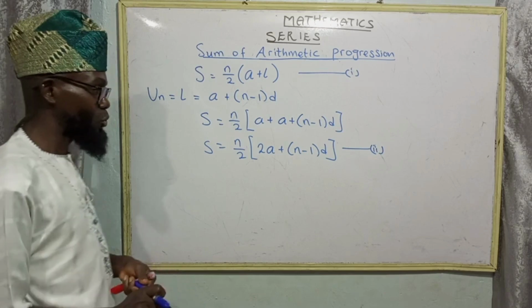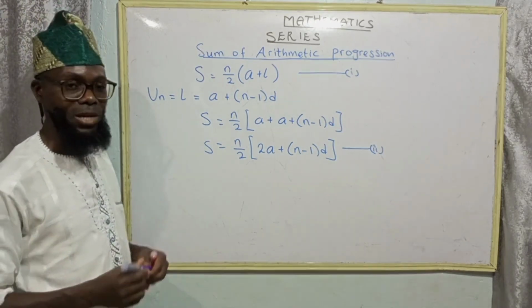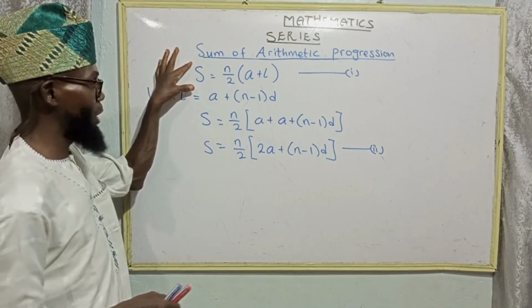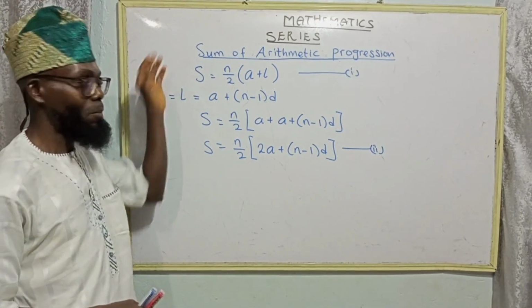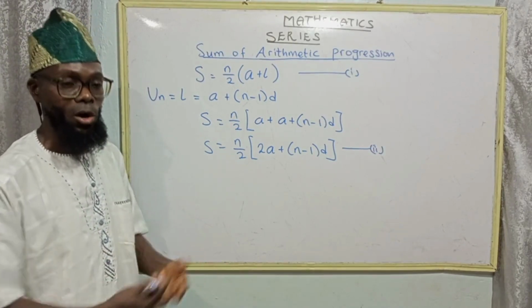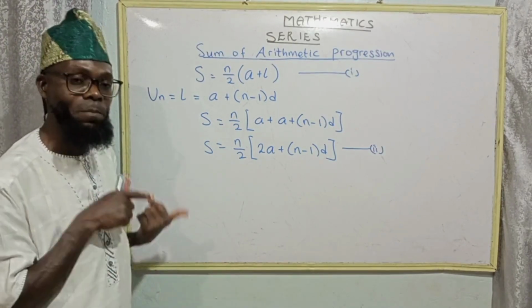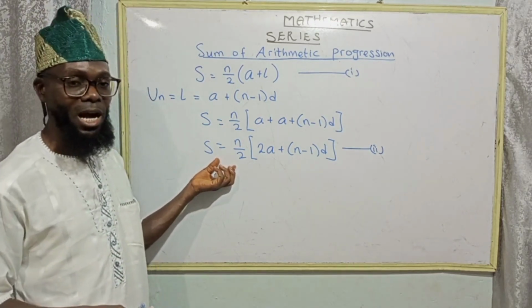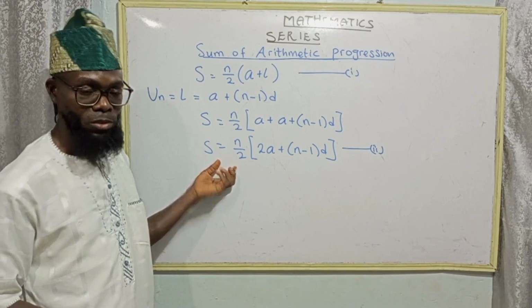So we have two formulae for calculating the sum of an arithmetic progression. If you are given a last term, equation 1 is the perfect equation to use. But if you are not given the last term and you are given a common difference, and you are to find the sum or the number of terms, we make use of the second equation for the sum of an arithmetic progression.